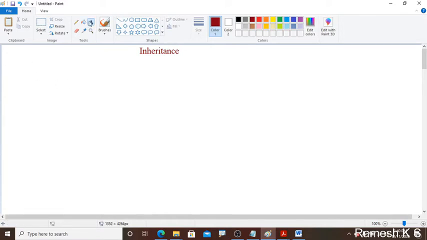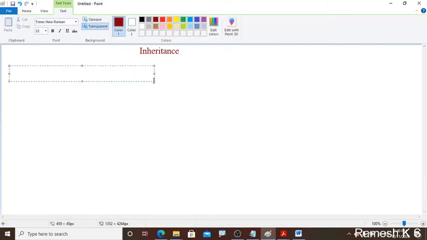So I am writing here the definition. What do you mean by inheritance? It is the capability of one class to inherit properties from another class.